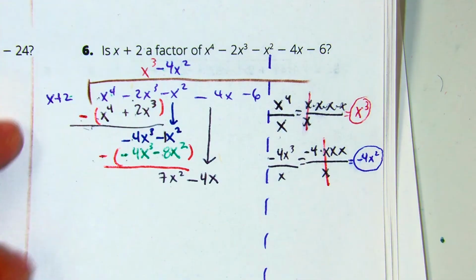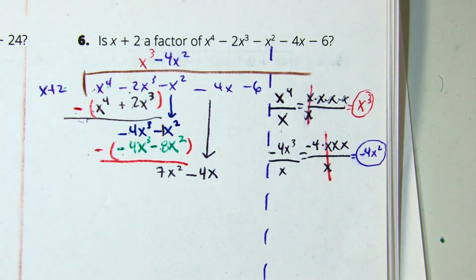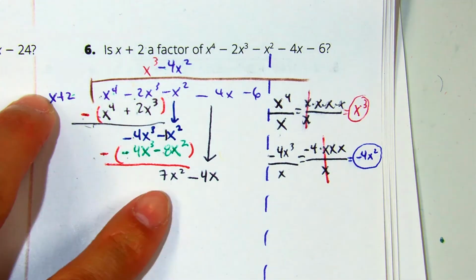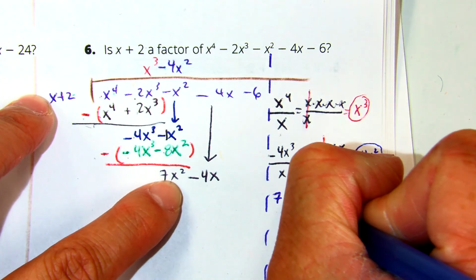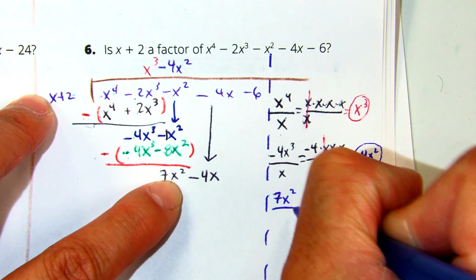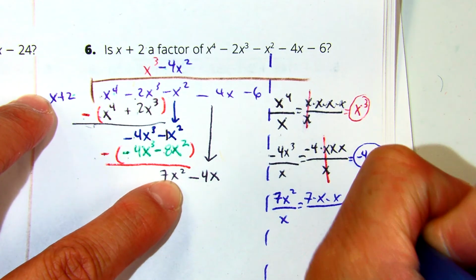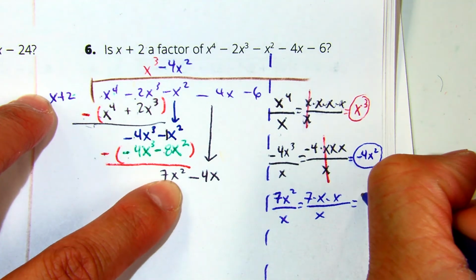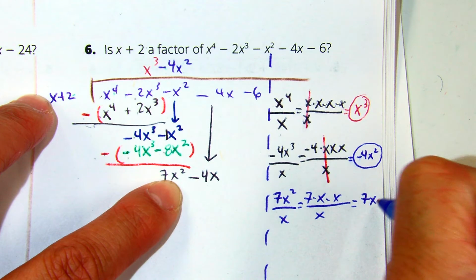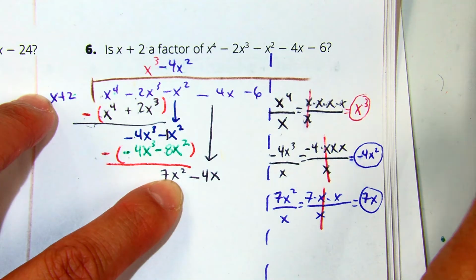Put your finger on the two things we need to divide. Some of you need to do this side problem. Some of you don't. Some of you can do in your head. Class, that becomes what? 7x. Because x divided by x is 1. So I put.